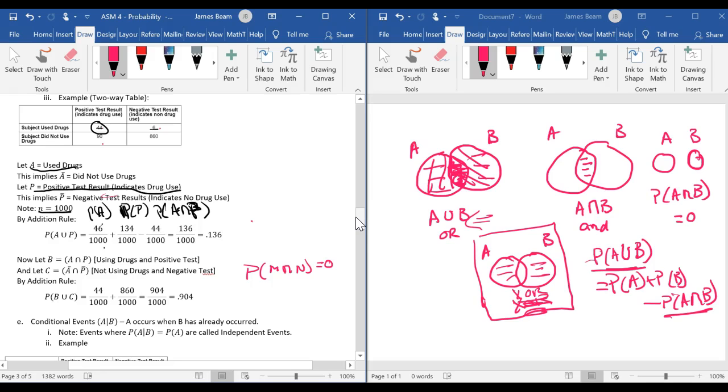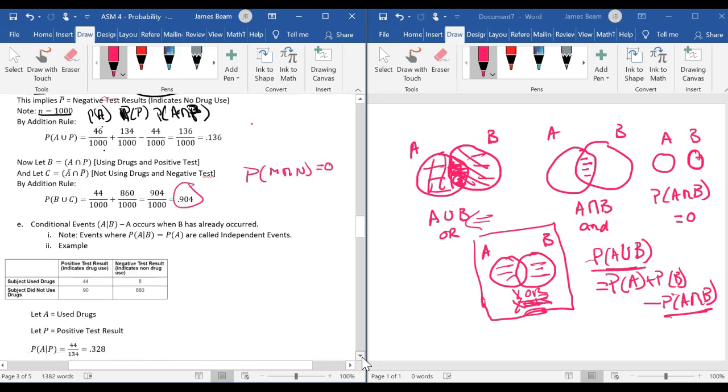That's 44 out of 1,000 are positive testing drug users. 860 out of 1,000 are negative testing non-drug users. You cannot be in both of these categories at the same time. So we don't have to worry about the intersection, and we just add it all up. And we get 90.4% are in that category.